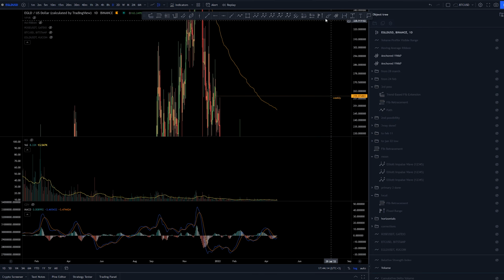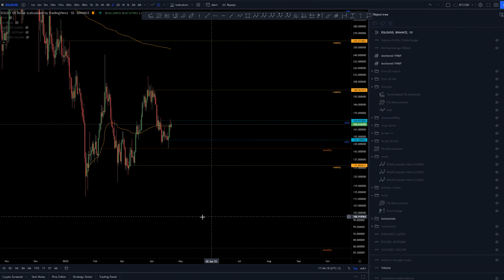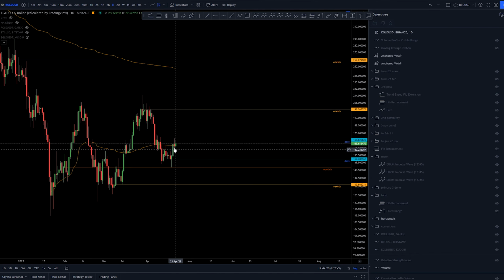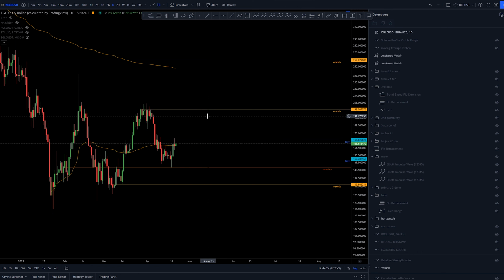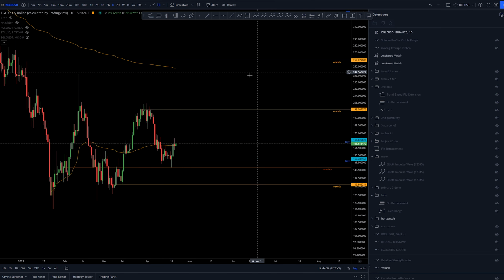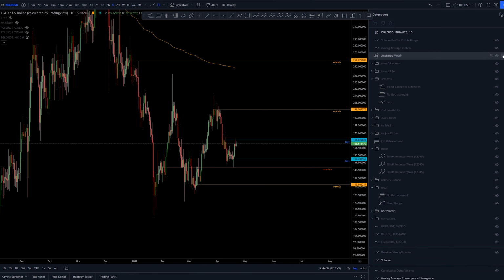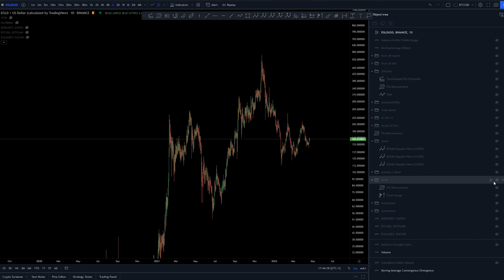However, this anchored VWAP from the lows of 22nd January 2020 is somewhere we're currently at, and currently probably is below us, making this an area of support. But yeah, let's continue forwards so we can get the Elliott Wave count shown.